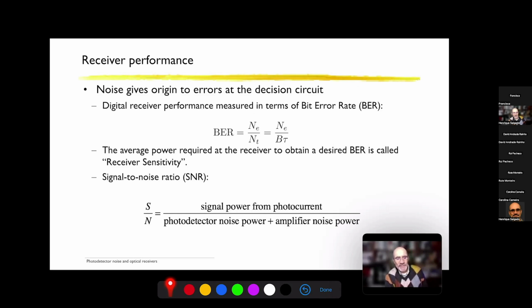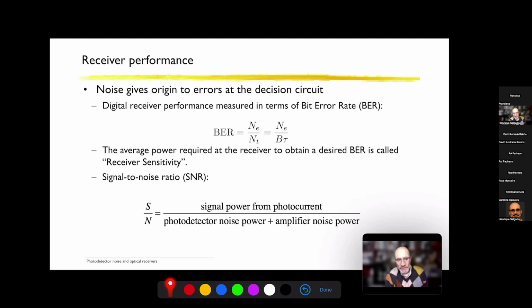And there's an important definition, which is this one here, the receiver sensitivity, which is defined as the average power required at the receiver to obtain a specific bit error rate. Okay, so if the average power increases, then this is equivalent to increasing the signal to noise ratio.